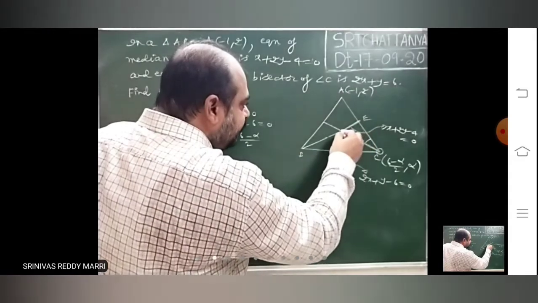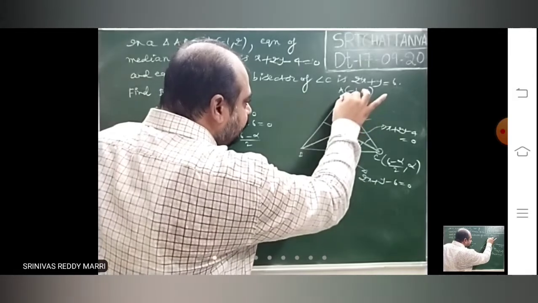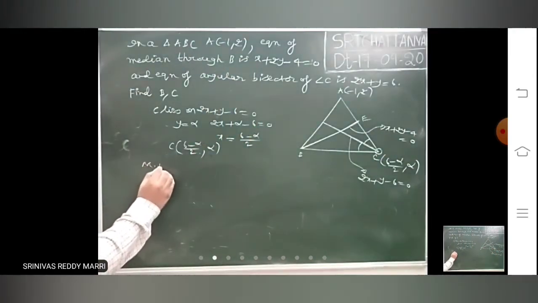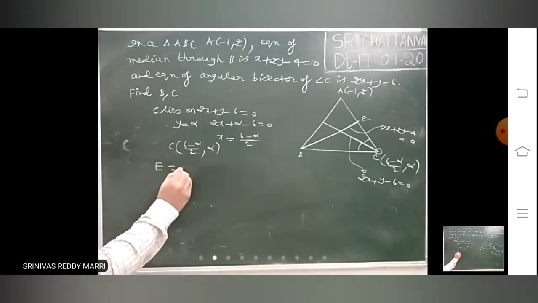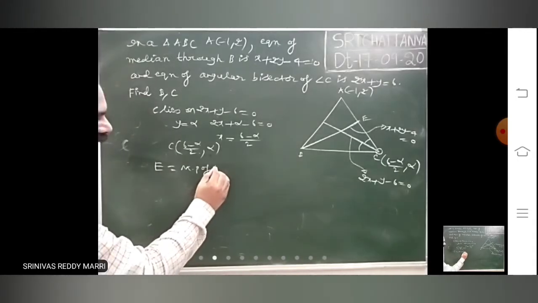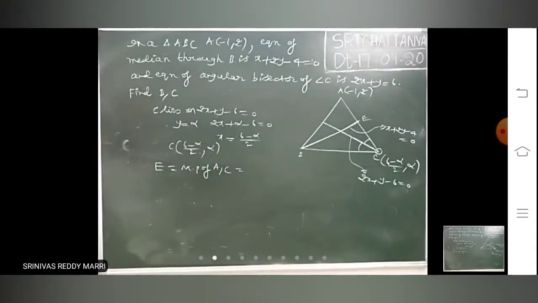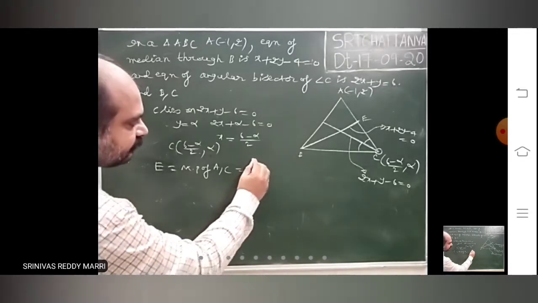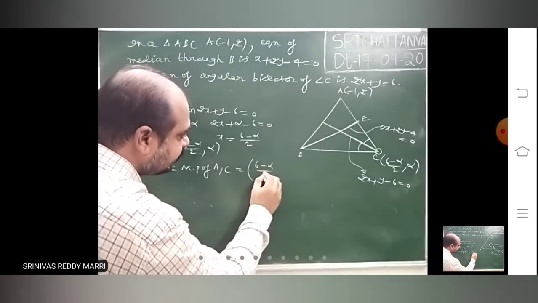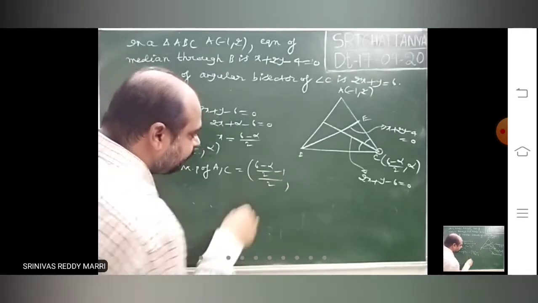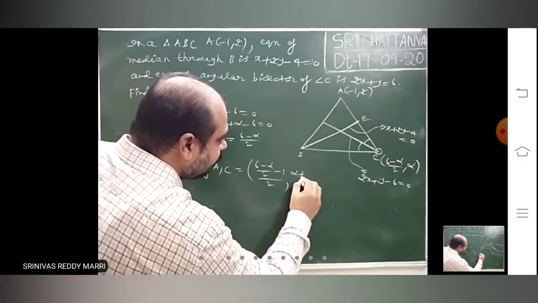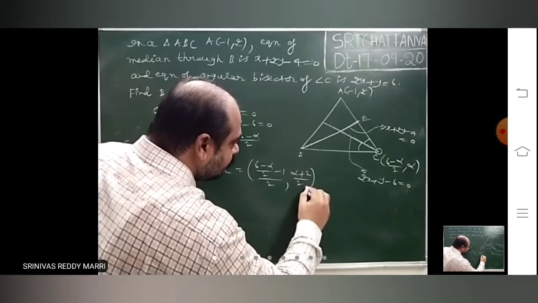Now B is the median. This median, you know, midpoint of A and C will lie on it. E is nothing but the midpoint of A, C. A is that point, C is this point. That means (6 minus alpha by 2 minus 1) divided by 2 comma (alpha plus 2) by 2.